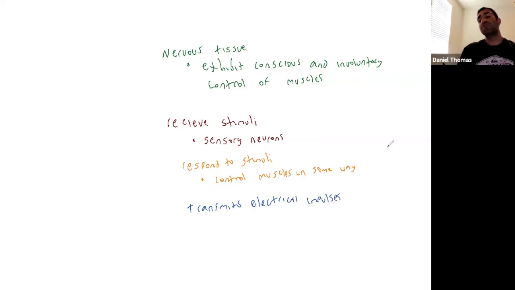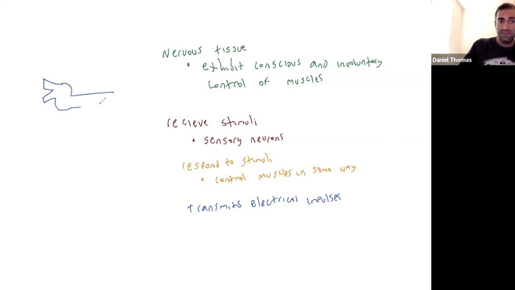Now, if you think about it, why is it that you're able to think and act so fast? It's because electricity moves extremely fast. And that's how neurons transmit signals. So this is a neuron, for example, and we'll say that this is muscle right over here. What's going to happen here is that stimuli is going to be received at one end of the neuron.